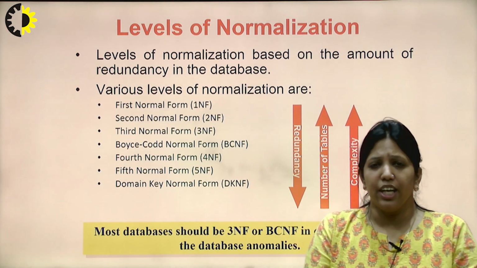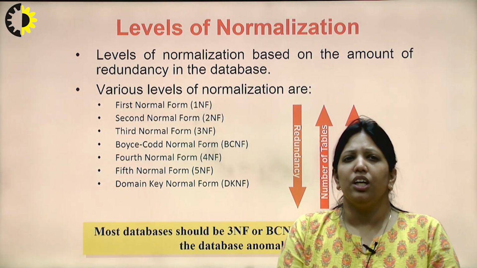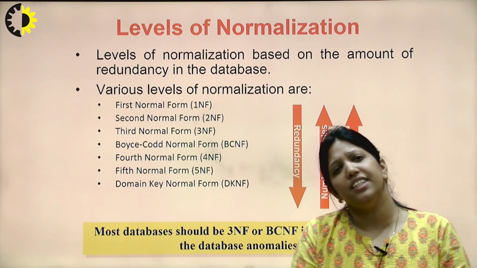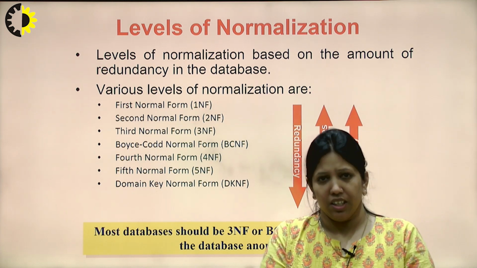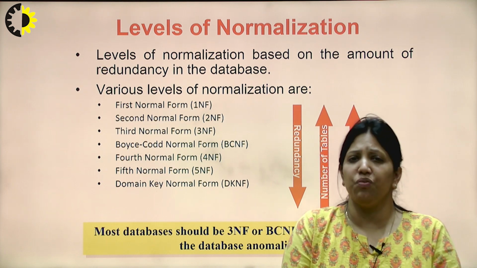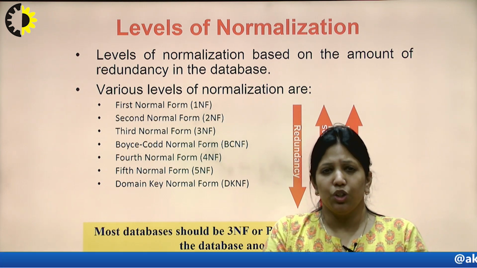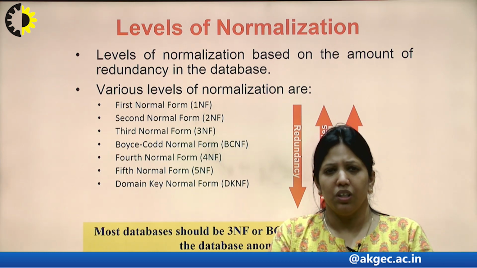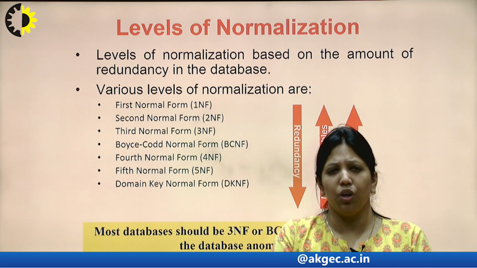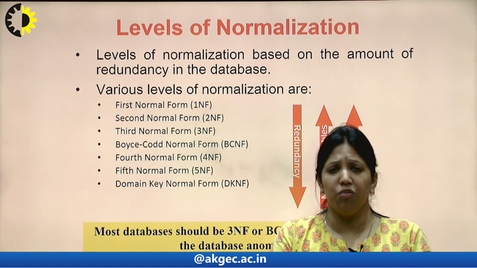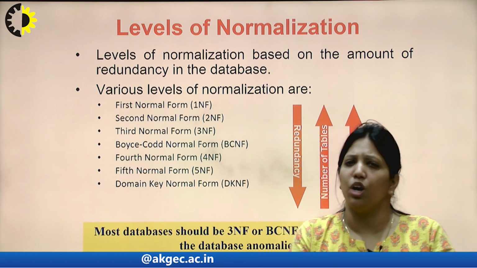These are the levels of normalization. The levels of normalization are based on the amount of redundancy in the database. The higher the redundancy in the database, the higher the level of normalization we use. So the first level is the first normal form, then second normal form, third normal form, BCNF, that is Boyce-Codd normal form, fourth normal form, fifth normal form and domain key normal form.